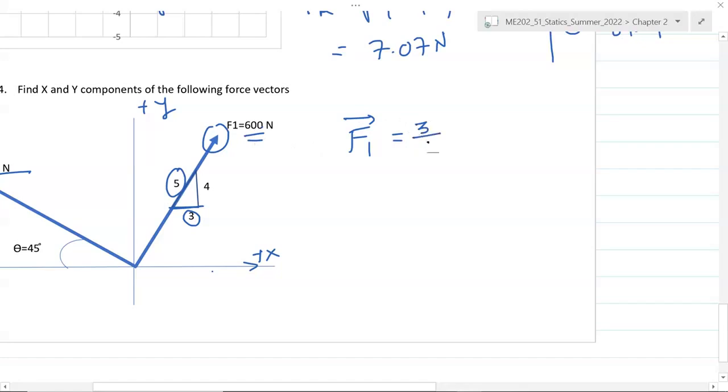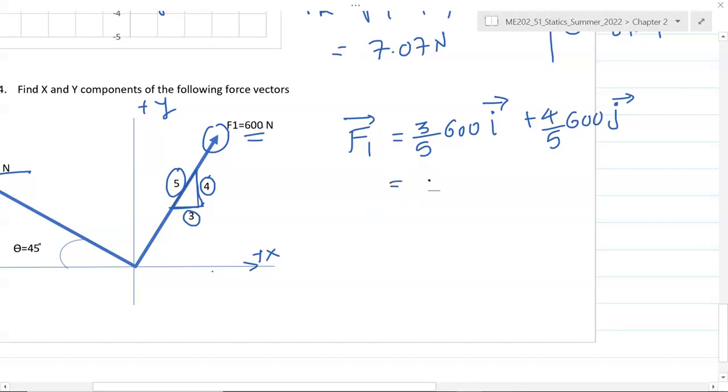So it is 3/5 of 600 that is the x projection, and that is towards positive, so we write i. Along the y-axis, this line is parallel to the y-axis and has number 4 on it. We divide that by the longest side to find the y projection. So it is 4/5 of 600 that contributes towards the y-axis, j. So this is the xy representation of the vector.